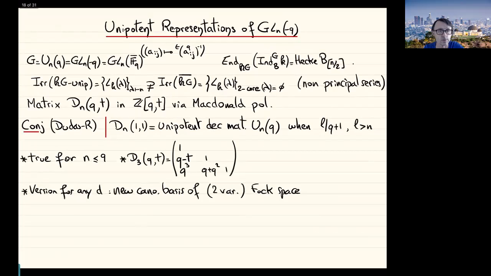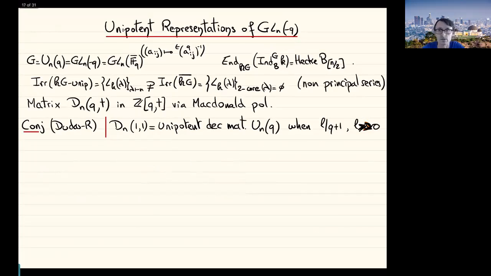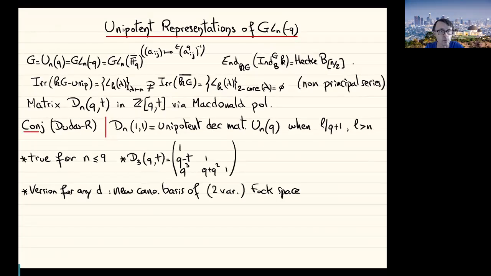And, maybe before the break, I'll say a couple more things. We've been able to check that the conjecture holds up to n equals 9, using calculations made recently by Gunter Malle and Olivier Dudas.